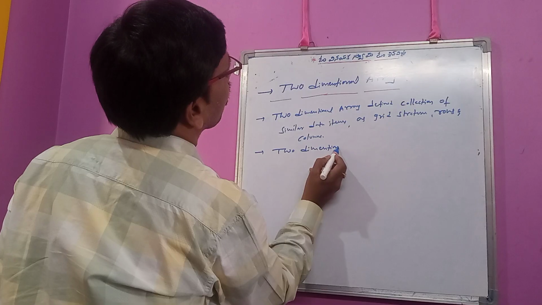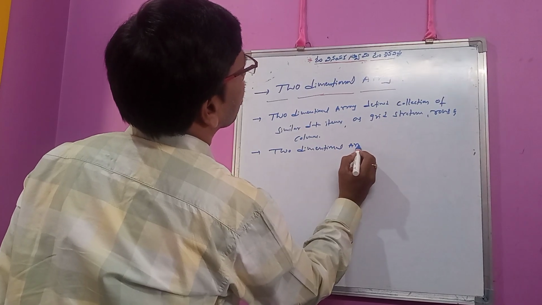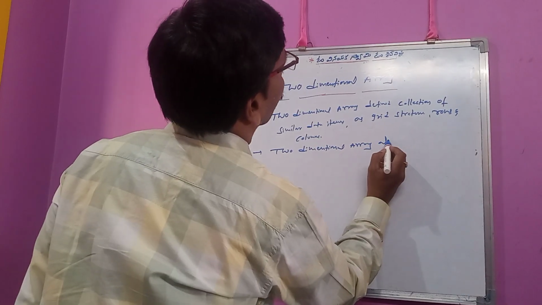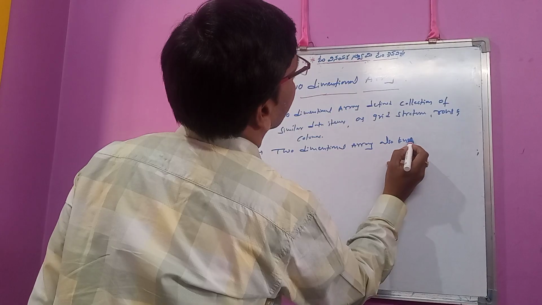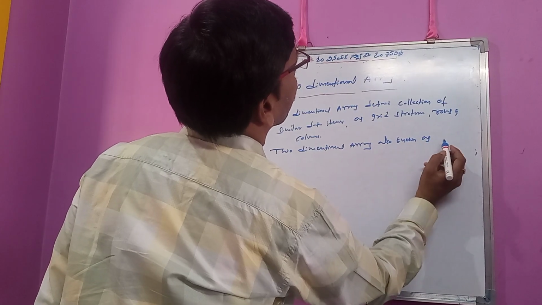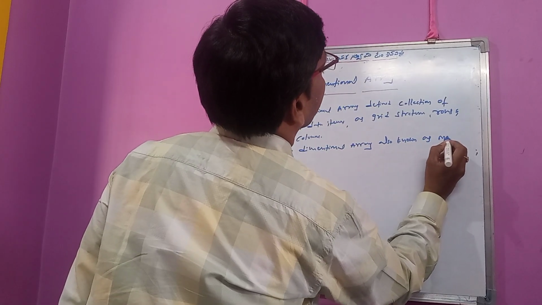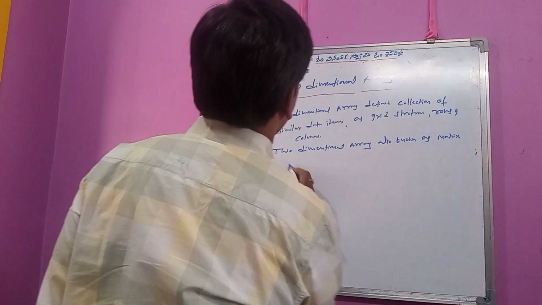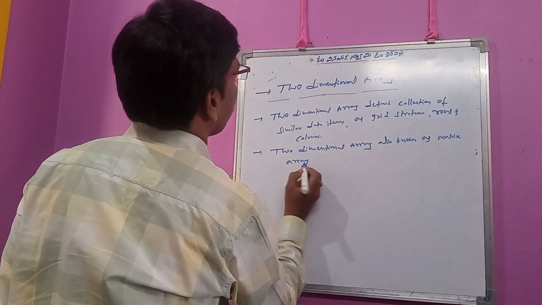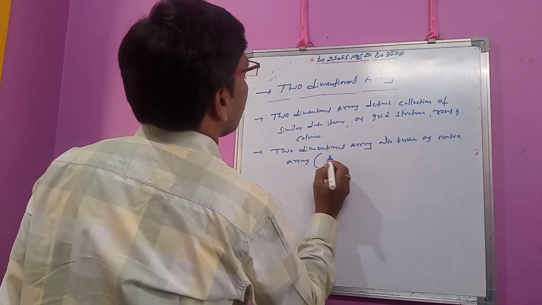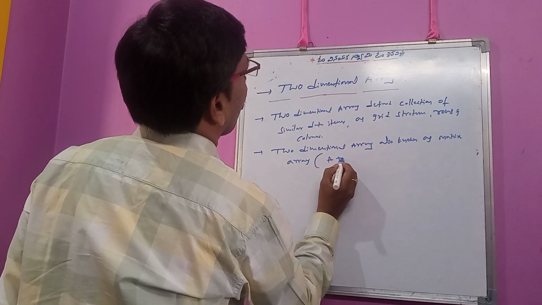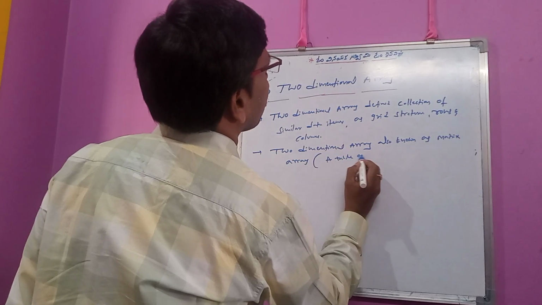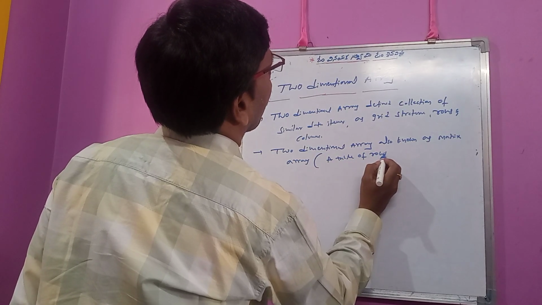Two-dimensional array is also known as matrix array, a table of rows and columns.